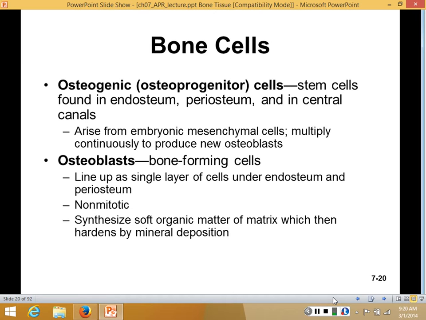Osteoblasts, please remember, are your bone-forming cells. As I stated earlier, they do not divide, and they're responsible for depositing minerals such as calcium, phosphorus, sulfate, and magnesium in the matrix of the bone in order to make it more calcified, or to harden it.